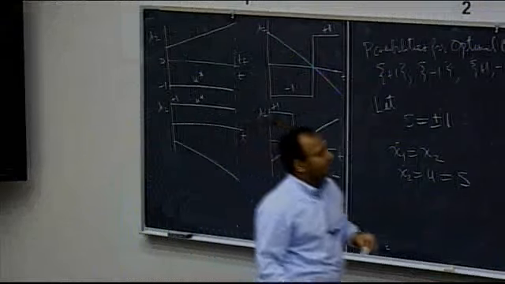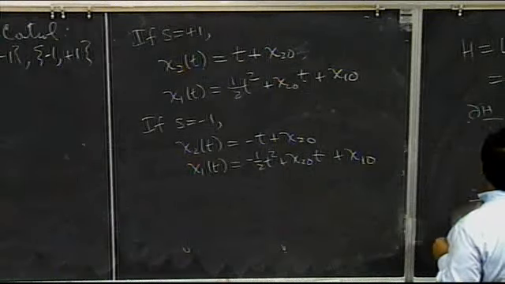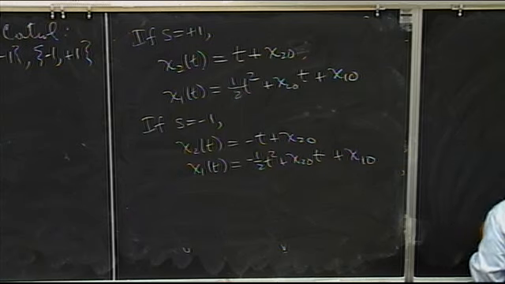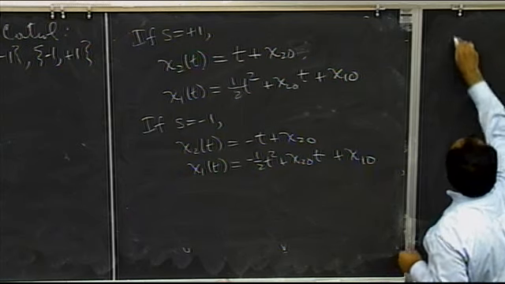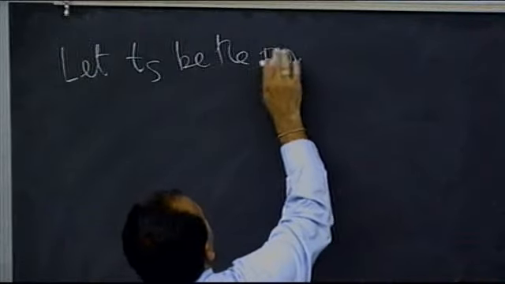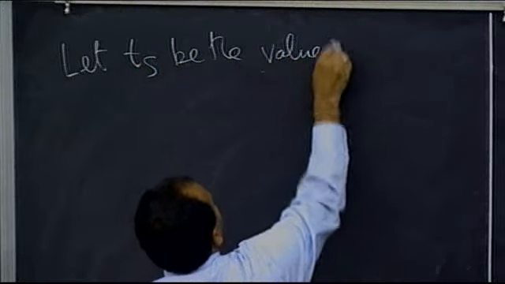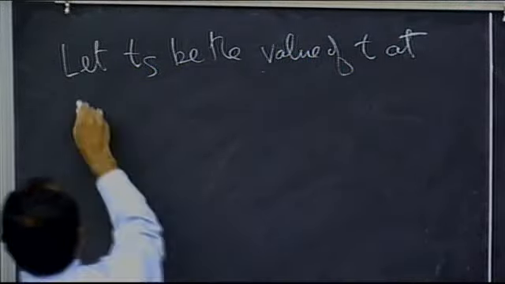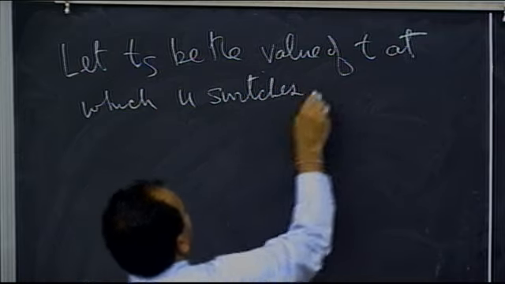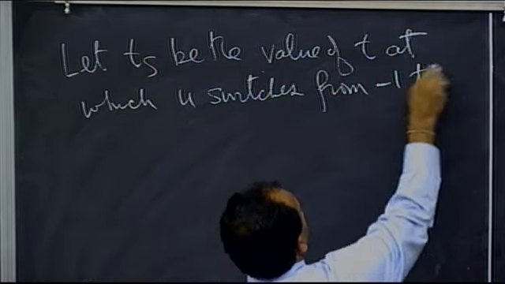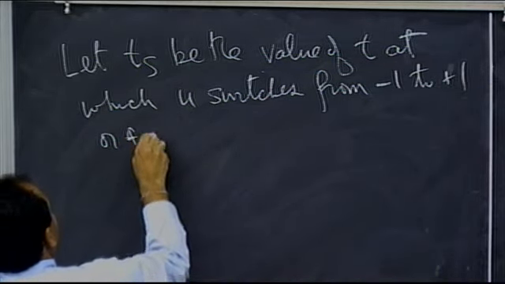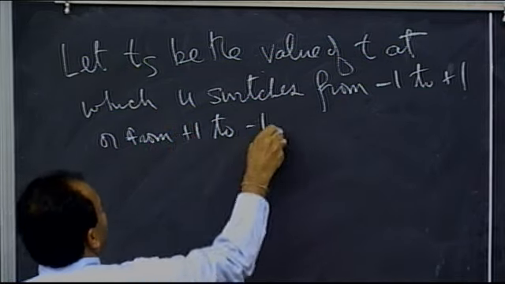Now, in the other two cases, where we go from -1 to +1, or vice versa, let's suppose we switch from -1 to +1. So there's going to be a point. Let t sub s be the value of t at which u switches from -1 to +1, or from +1 to -1.